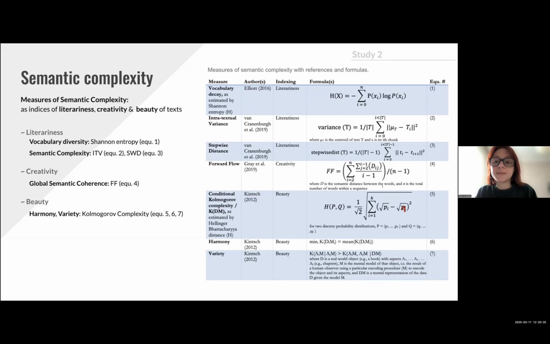The final three measures in this table, harmony, variety, and the conditional Kolmogorov complexity, constitute Kintz's combined approach to assess aesthetic coherence in narratives. The core idea of Kintz's model is that the perceived beauty of a book is the balance between harmony and variety, estimated using Kolmogorov complexity, which measures the similarity between two distributions, here topic distributions.